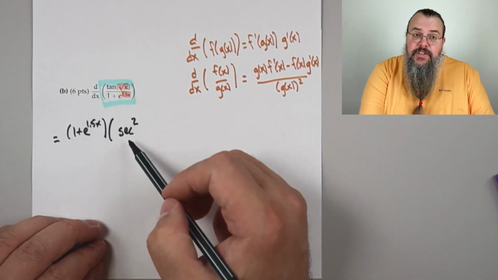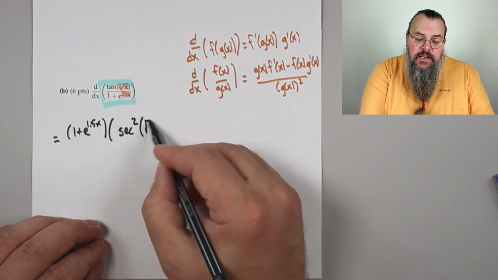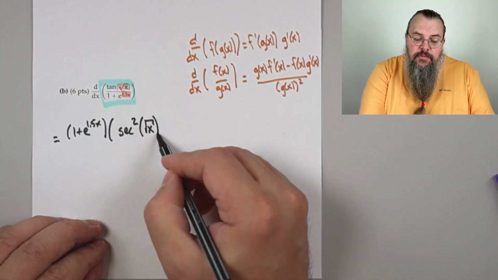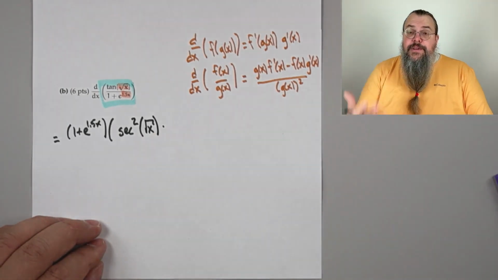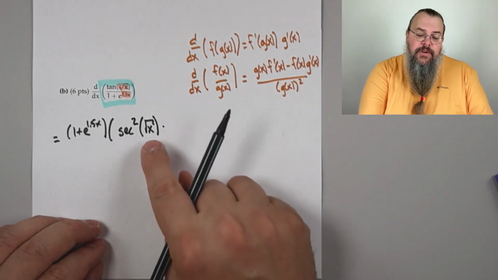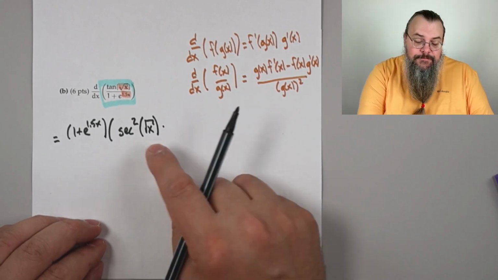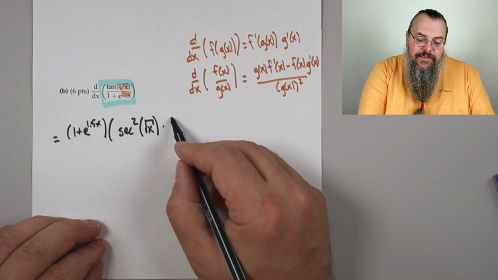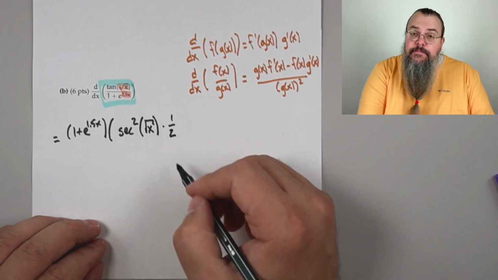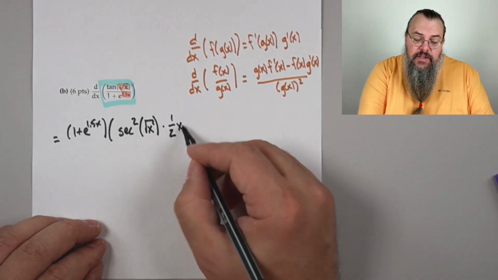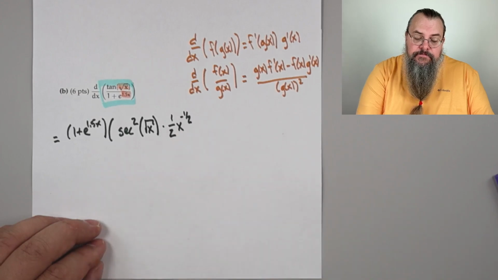You leave the inside alone, but now you have to multiply by the derivative of the inside. Well, square root of x is a lot like x to the 1/2, because it is x to the 1/2. So that would become 1/2 comes down, x to the minus 1/2.